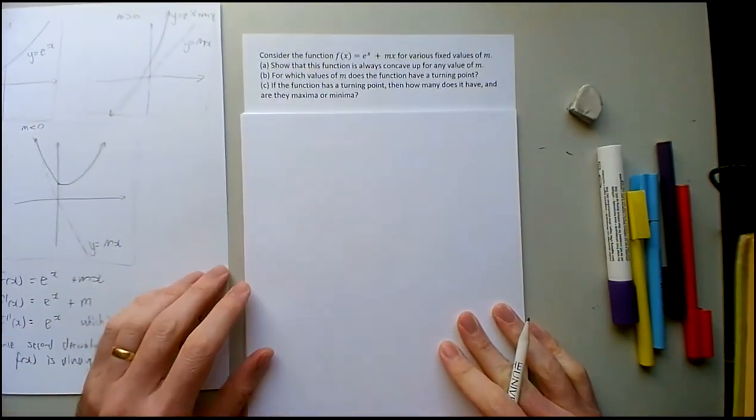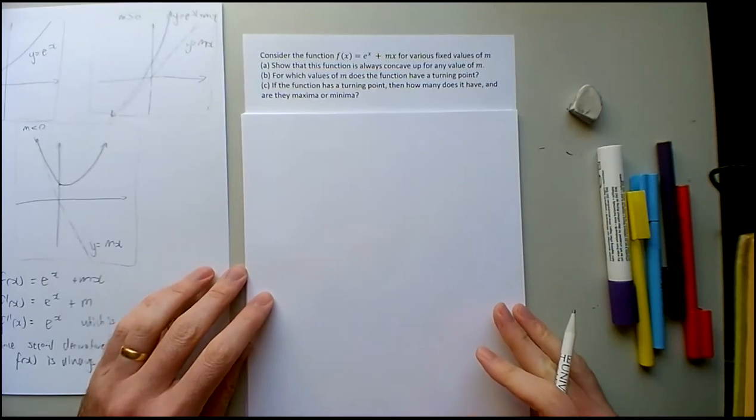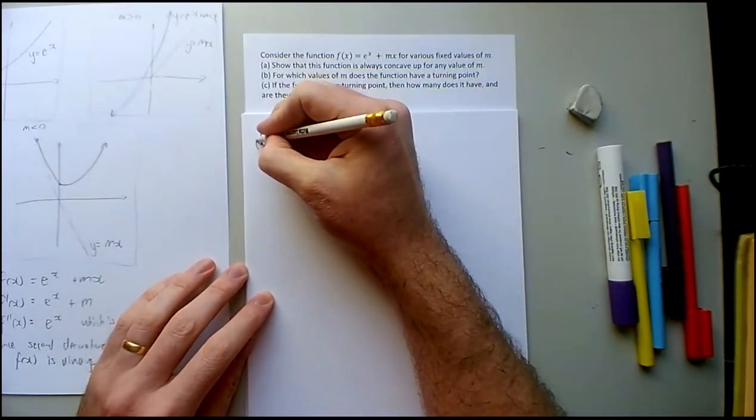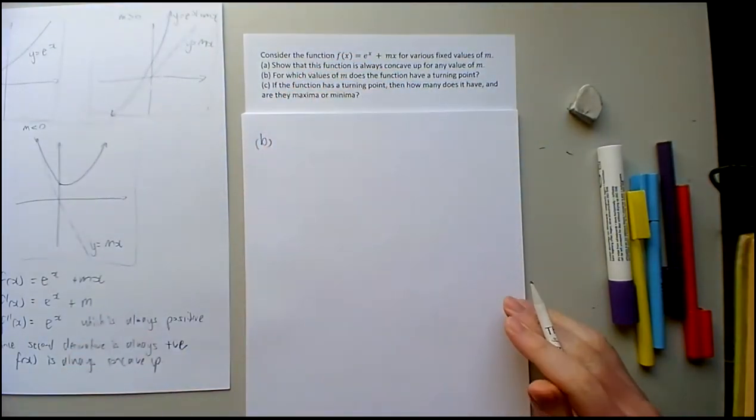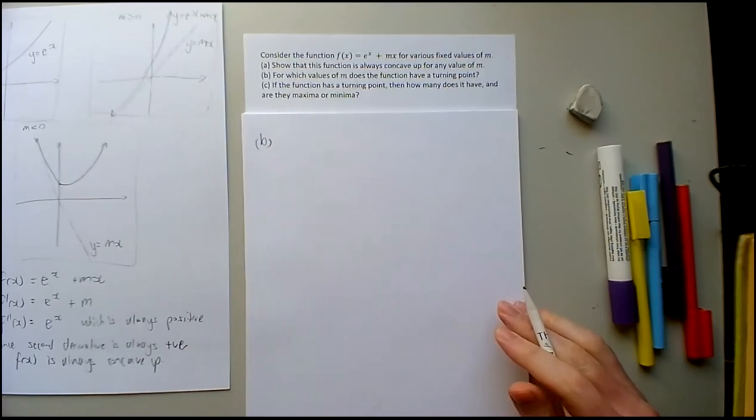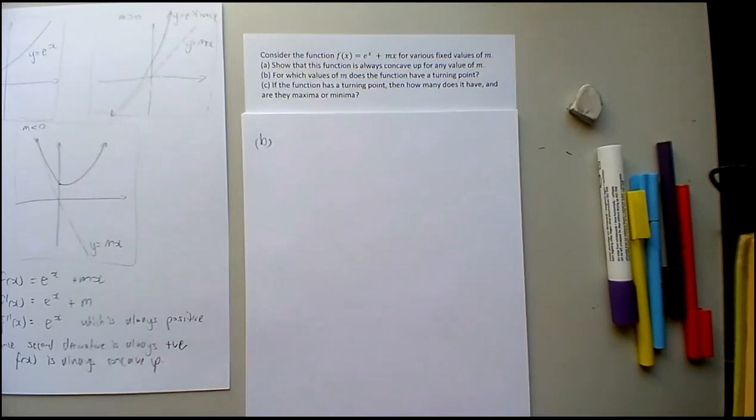B, for which values of m does the function have a turning point? Well, to have a turning point, it would have to be decreasing on one side and increasing on the other, or possibly increasing on one side and decreasing on the other. And at a turning point, the first derivative is usually 0.